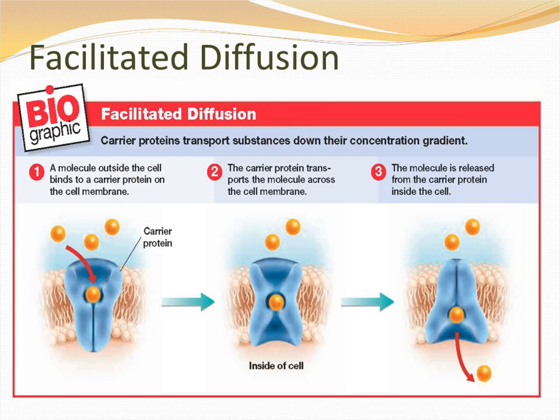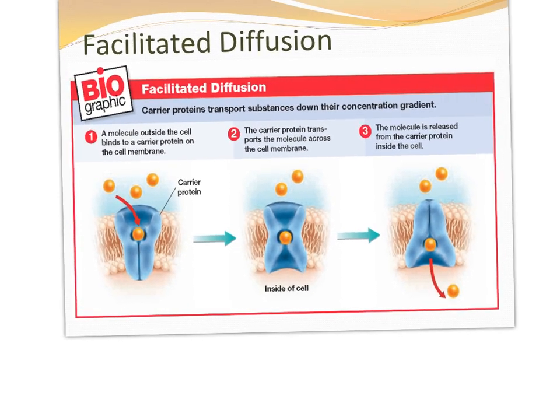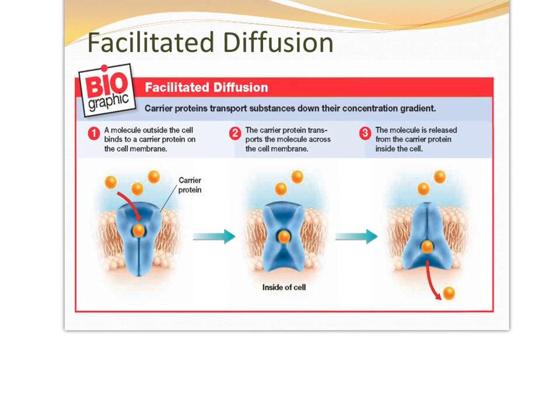So these are the different kinds. This is facilitated diffusion here. With facilitated diffusion, you have a molecule on the outside. This is a carrier protein, and you see how it binds by shape. Are you paying attention to the shapes matching? Almost like putting a square peg into a square hole, right?